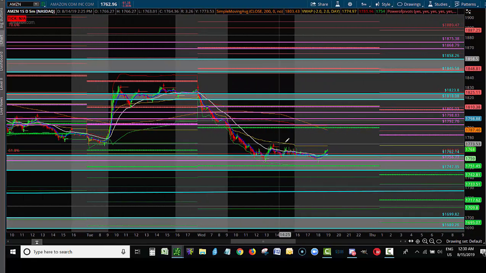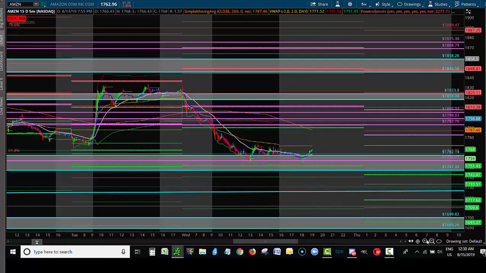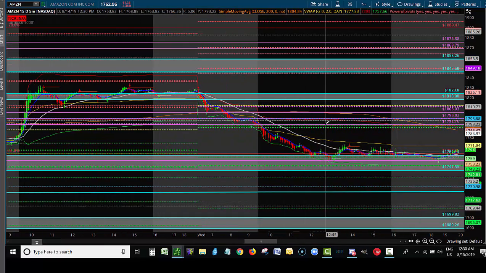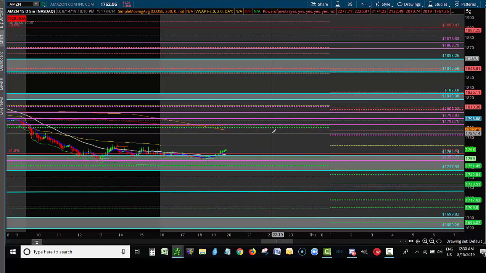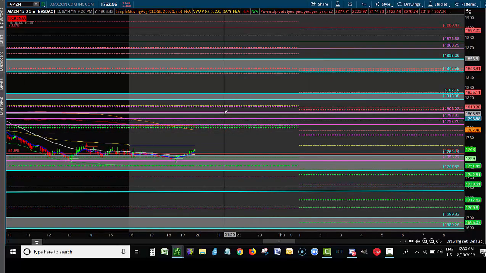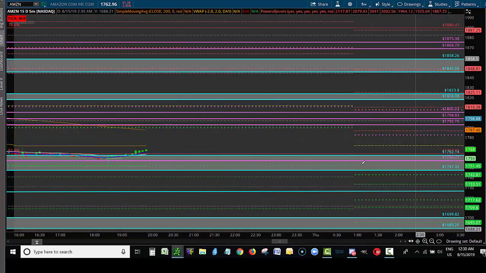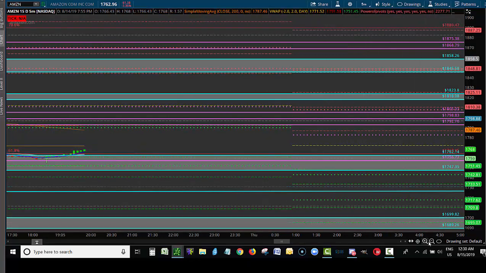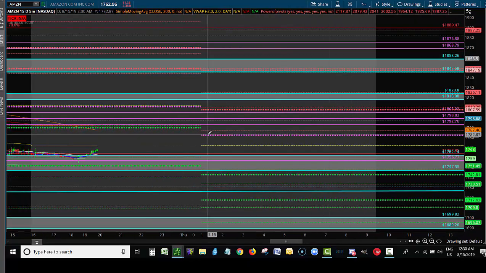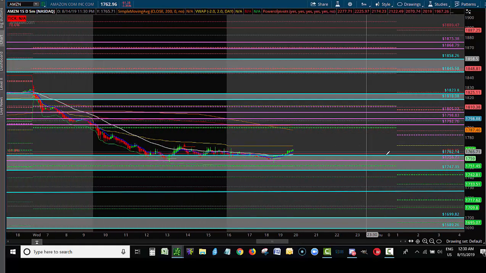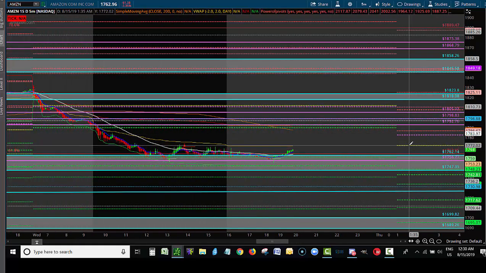So my expectation of Amazon coming into today, we're not sure what the news will be. Pretty sure the president will be trying to pump up the market, as any president would in this situation. So I'm going to be looking at this, the main intraday pivot, 1772. Let's see if we're able to get over that.